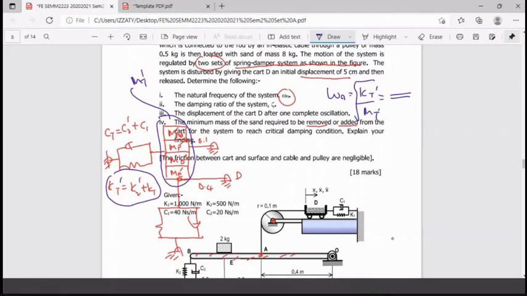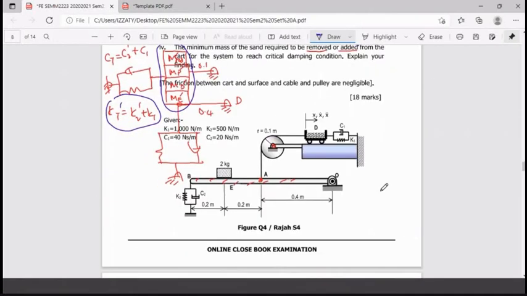Okay, what else? To determine the zeta. Remember zeta? Zeta can be defined in two ways. One will be C equal to 2 m omega n zeta. The other one is the logarithmic decrement, applying ln x1 by xn equal to 2 pi n zeta over square root of 1 minus zeta squared.